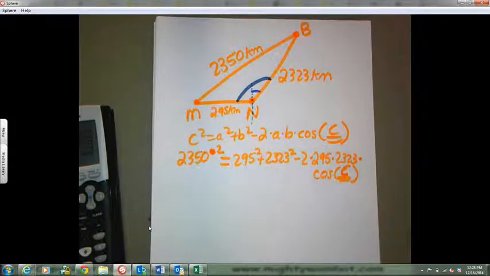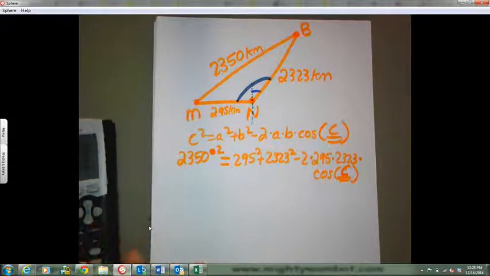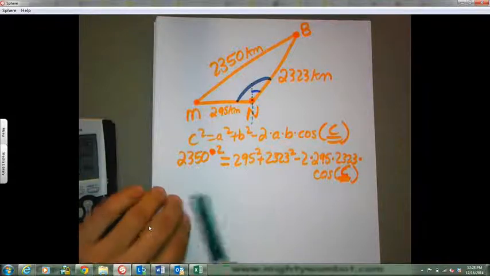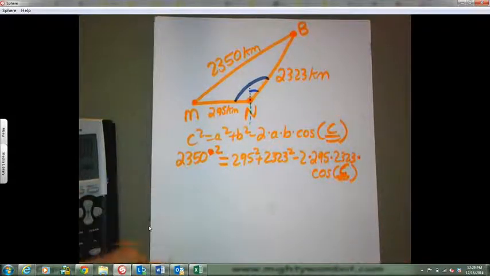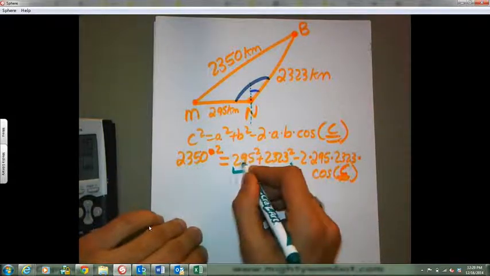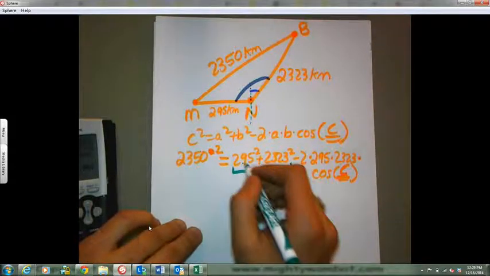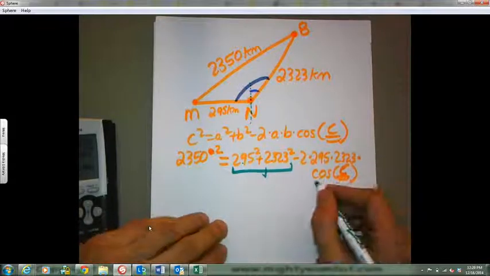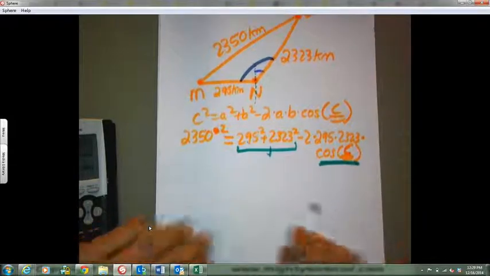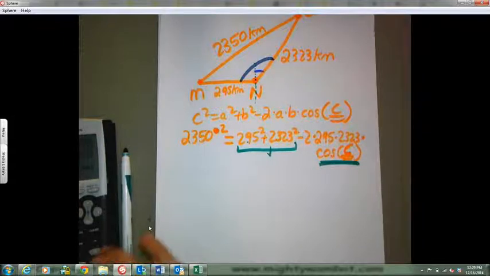So now I'm going to do 2350 squared on my calculator, and I get some really big number. That big number is equal to all this. I'm going to do this on my calculator, square and then add it, and then I'm going to subtract this green on this side. So subtract the green on both sides, because my goal is to isolate the variable. So what I get when I do that, and you can maybe verify, I get this.